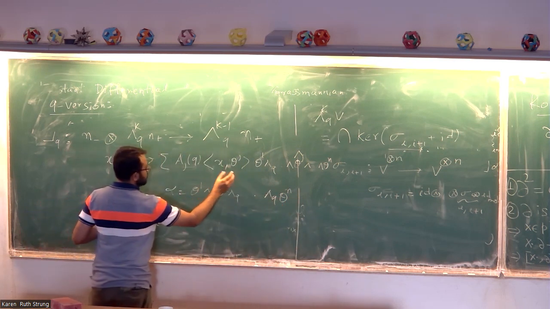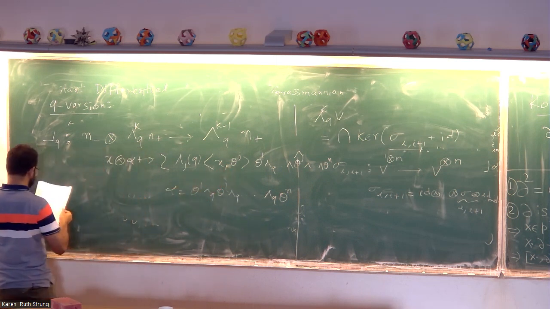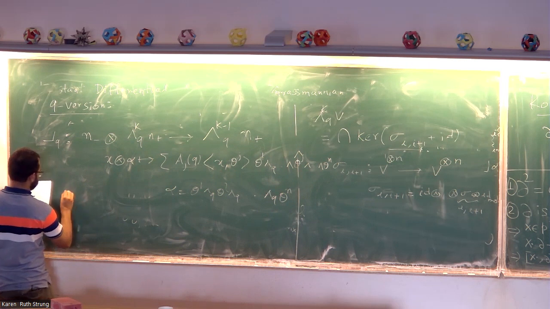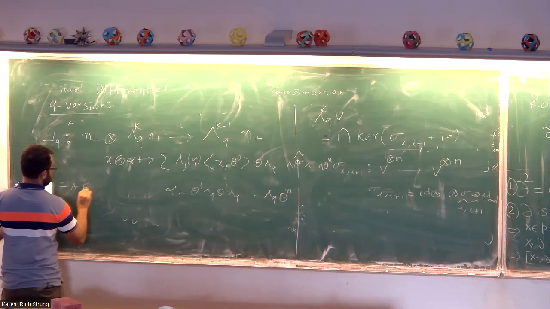So this is the dual pairing between n plus and n minus in the quantum case. It shows that the following are equivalent.